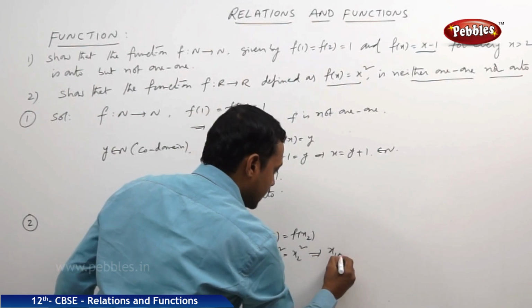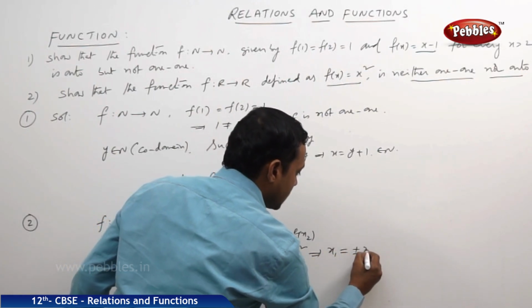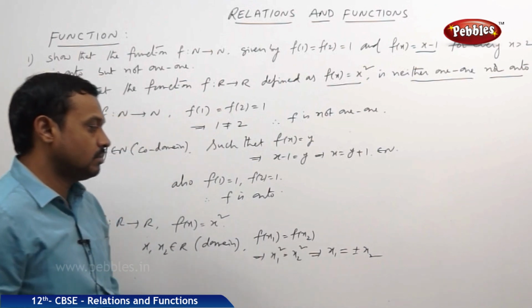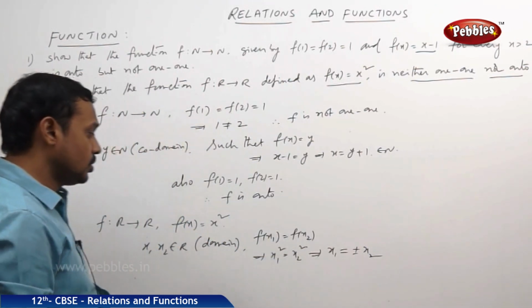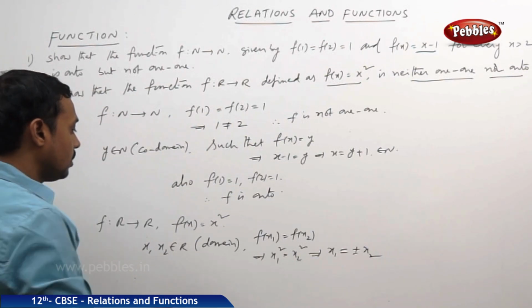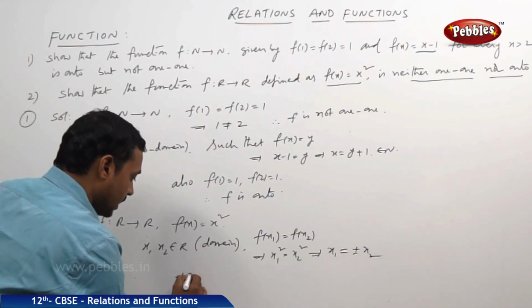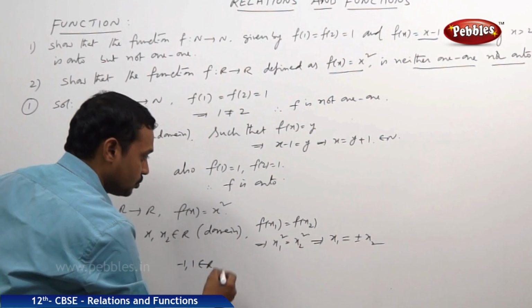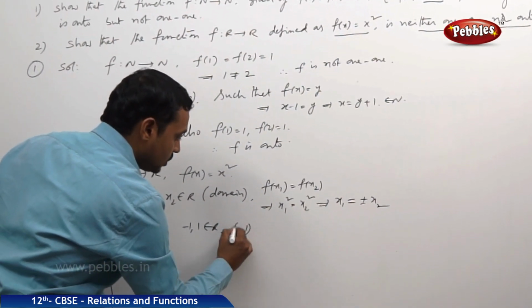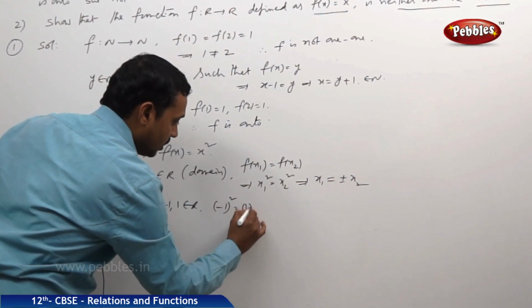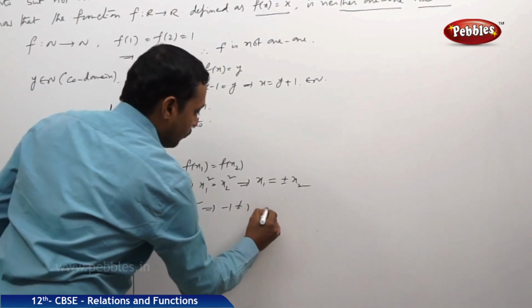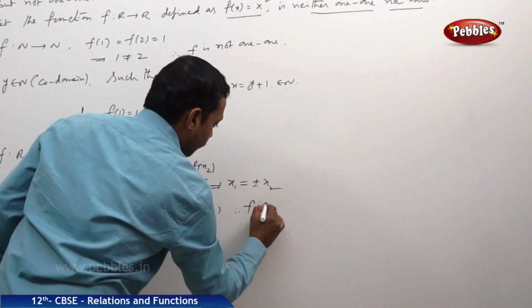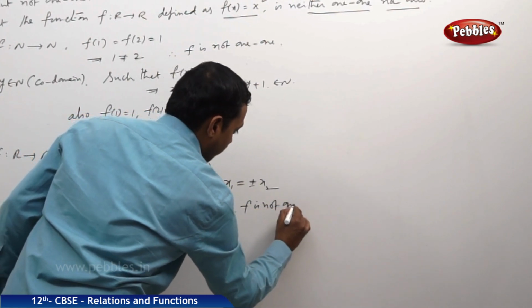So this implies x1 is equal to plus or minus x2. Sometimes x1 may be minus x2 also. For example, minus 1 and plus 1 both belong to R, and minus 1 whole square is equal to 1 square, but minus 1 is not equal to 1. Therefore, the given function f is not 1-1.